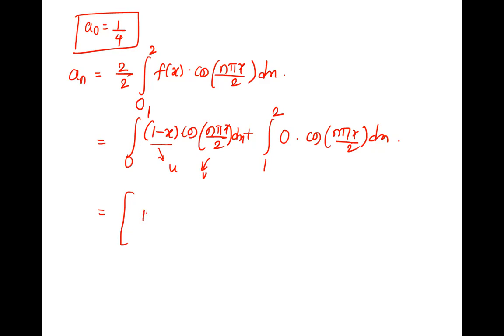u v1. What is v1? sin(n pi x upon 2) divided by n pi by 2. Integration of cos is sine, and the derivative of the argument is n pi by 2.